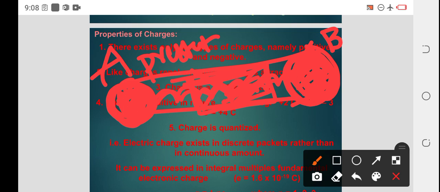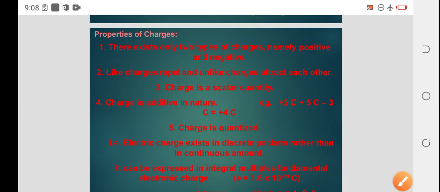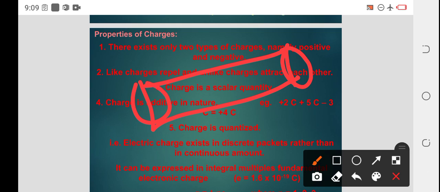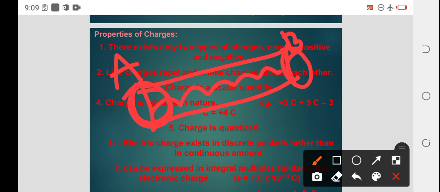Taking a particular material, with terminal A and terminal B, where more electrons are present, these areas are called charge 1 and charge 2.